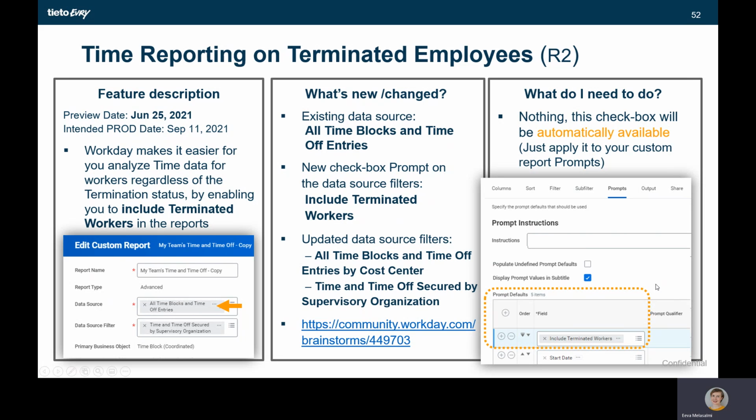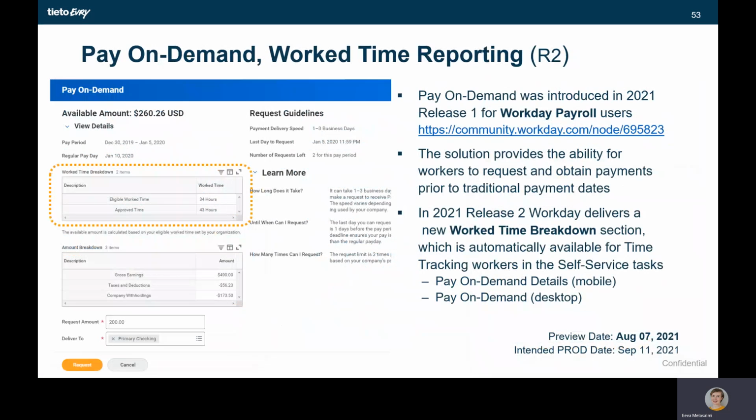But just that once you run the reports, Workday will ask if you want to include also possibly terminated workers for that time period that you're checking the time entries. That's about it. Just start using it if you see that valuable.